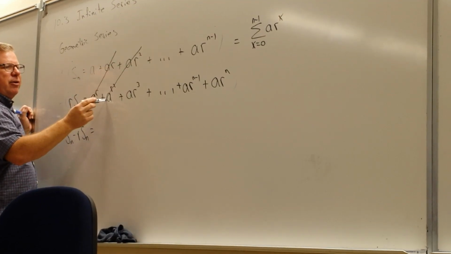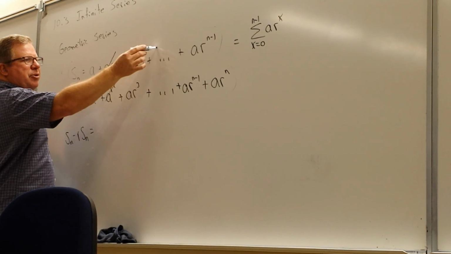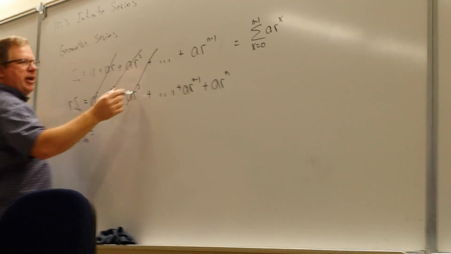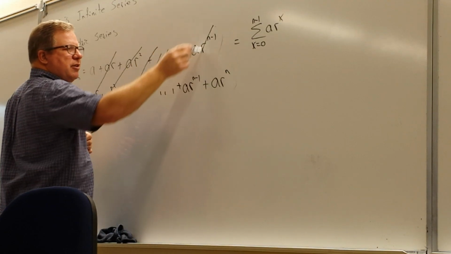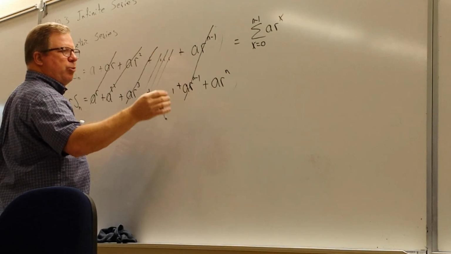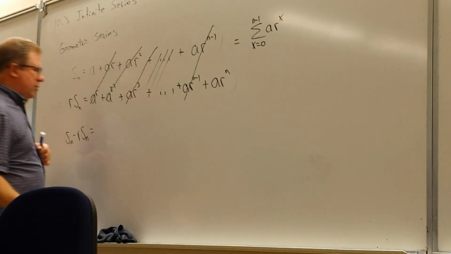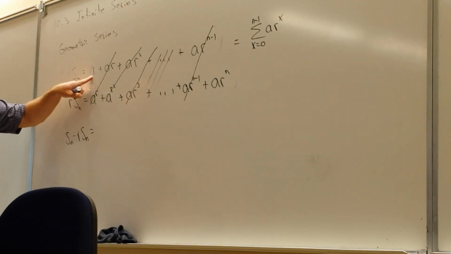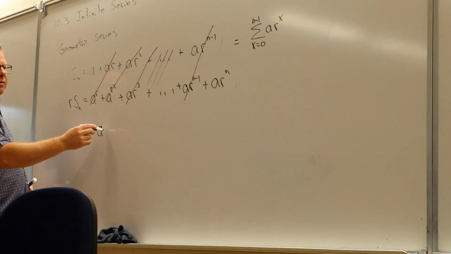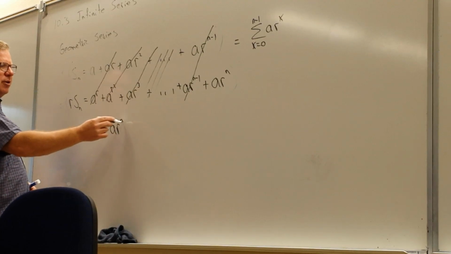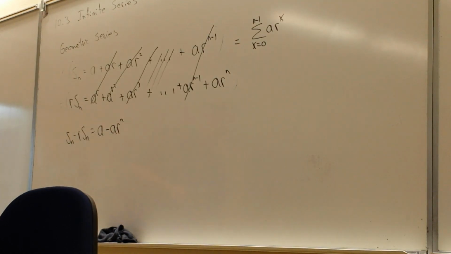These are going to cancel out. This is going to cancel out with the next term here. Everything in between is going to cancel out. These are going to cancel out. And we're going to be left with this, which is going to be negative. We're going to be left with this one that did not cancel, and that last one did not cancel. A minus ar to the n power. You guys okay with that?